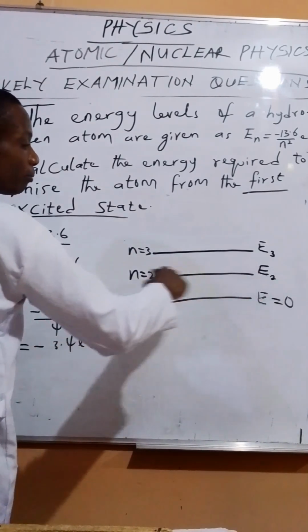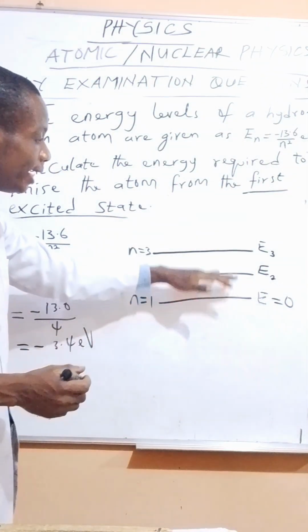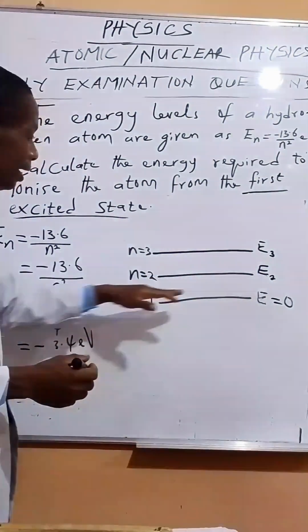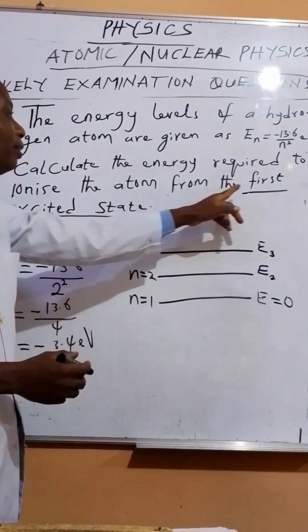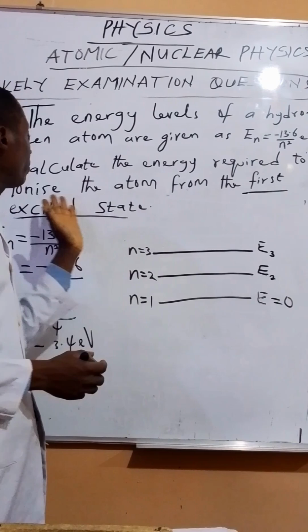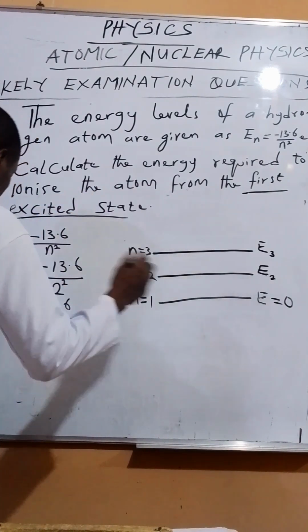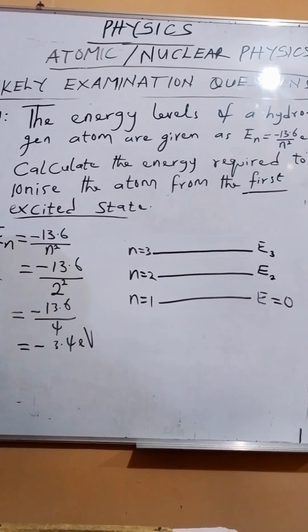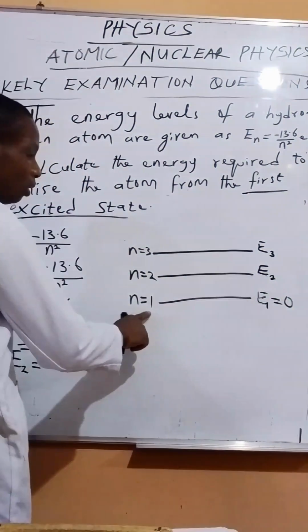This E2 is just from here. So we now want to know the energy difference between level n equals 1 and level n equals 2. That is the energy required to ionize the atom from the first excited state. So that energy is given as E1 minus E2. E1 is 0, because n is equal to 1.